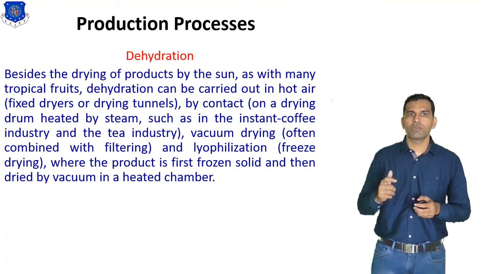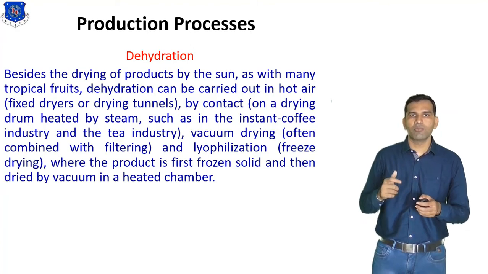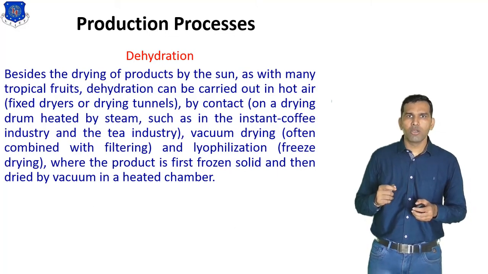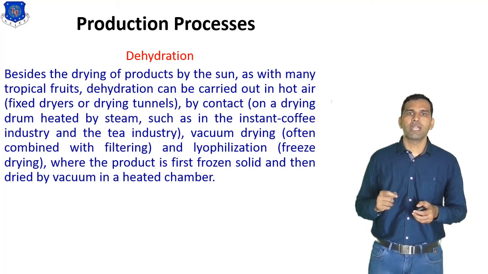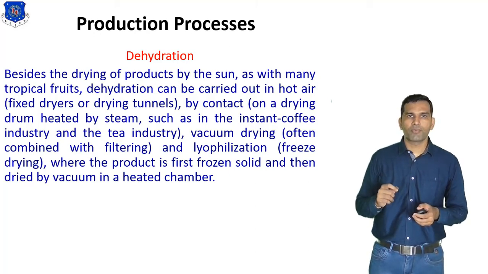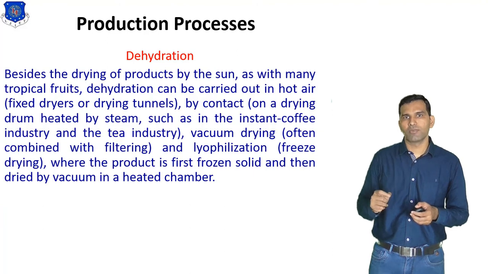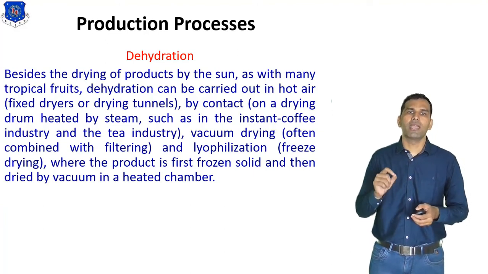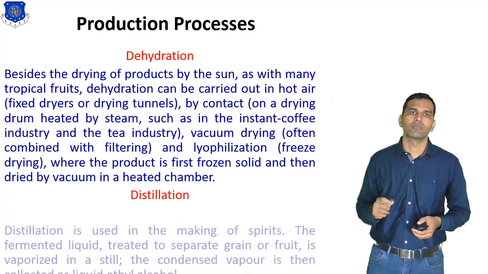Vacuum drying is also used, often combined with filtering. Lyophilization, that means freeze drying, is also used, where the product is first frozen solid and then dried by vacuum in a heated chamber.